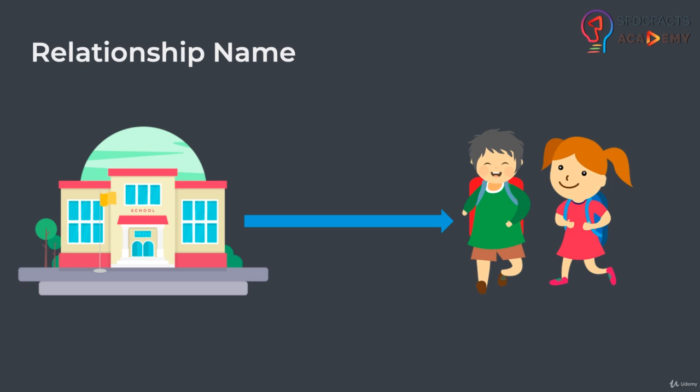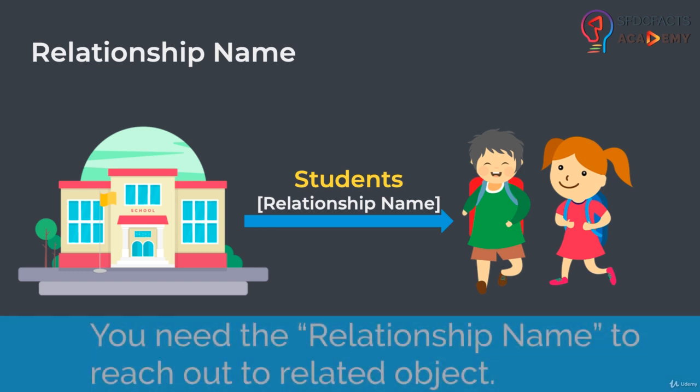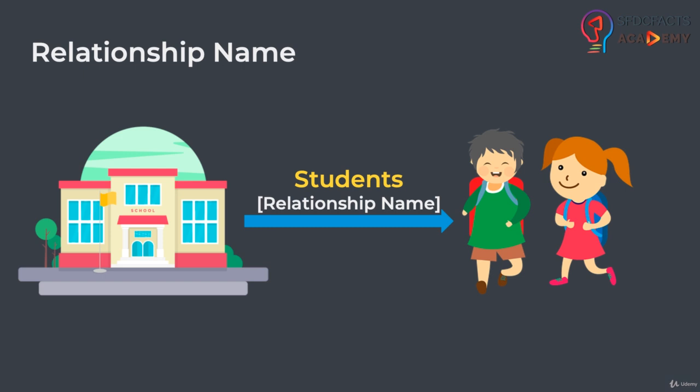So there must be a connection between the school and student objects, and that's what we call a relationship name. For example, if you are reaching out from school to the student object, then the relationship name can be students. We will use this relationship name in our query to fetch all the related student records.